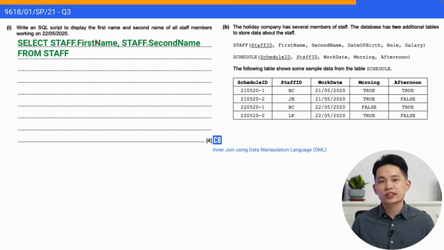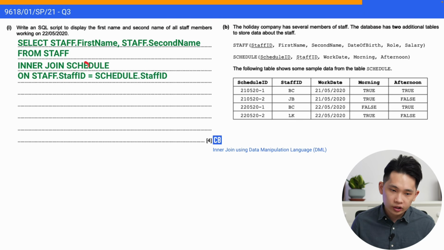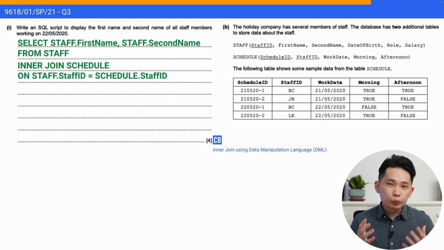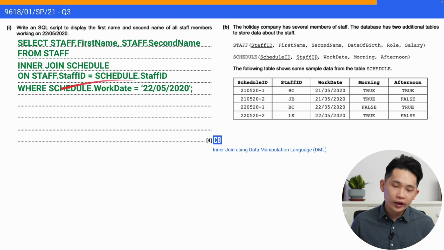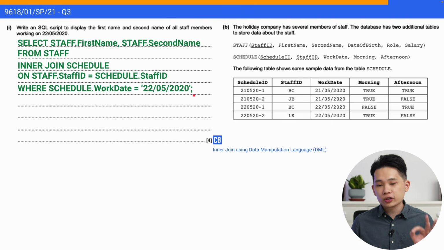Next, we'll be doing the inner join: INNER JOIN schedule ON staff.staffid = schedule.staffid. And finally, we will add the WHERE clause based on the question requirement, which is WHERE schedule.workday = 22/05/2020, and then a semicolon. Always make sure that you end the statement with a semicolon as well.